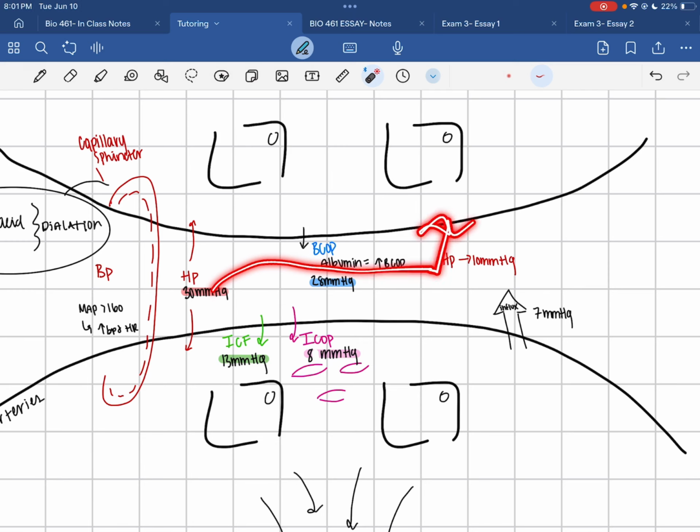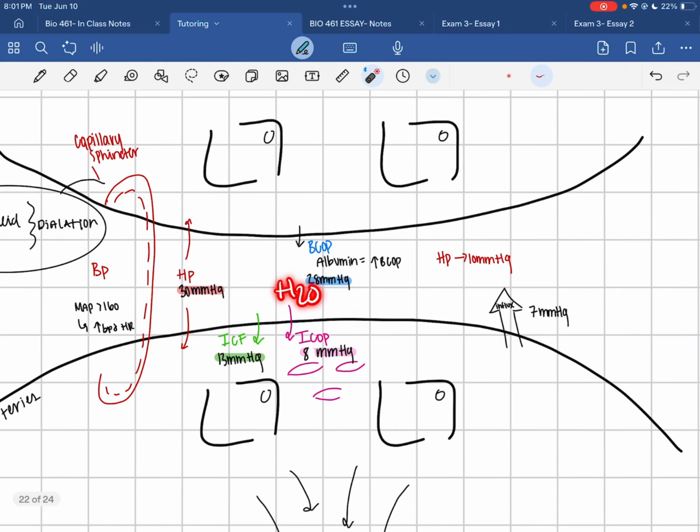Or we have permeability edema, which is caused by the permeability of capillaries or interstitial membranes. That's because macromolecules can cross and increase interstitial colloid osmotic pressure. That means that we are basically drawing water out of the cell, and more of it is just going to keep leaving and building up within the interstitium.